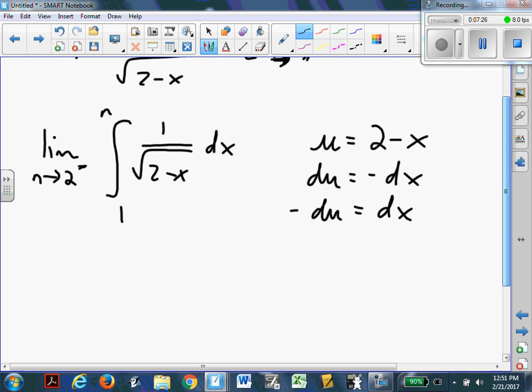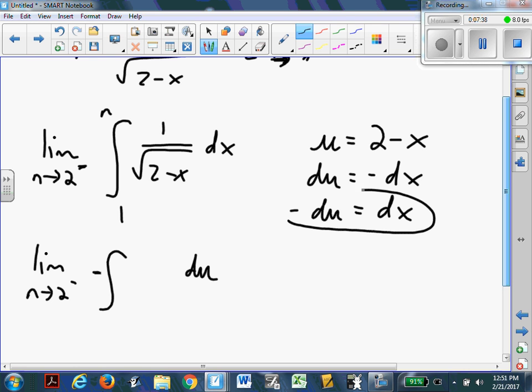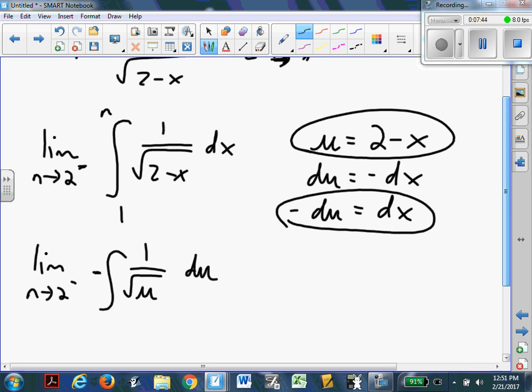So now we take the limit as n approaches 2 from the left of. So this becomes minus du from here. The u becomes 2 minus x, so this is square root of u. And now we need our limits of integration.